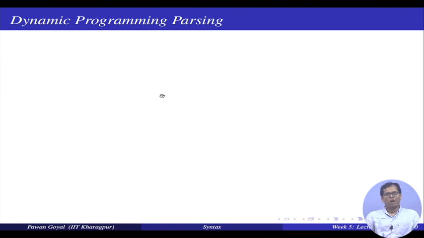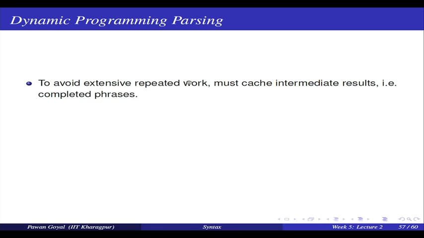So to avoid this problem and obtain an algorithm that works in polynomial time, we will use some dynamic programming approach. We have been using dynamic programming a lot in this course. We use that for edit distance, then we use that for Viterbi decoding kind of algorithm. Now we will see how to use that for obtaining an efficient parsing algorithm. So the idea is, can we cache some intermediate results instead of exploring all the different possibilities that are not relevant.